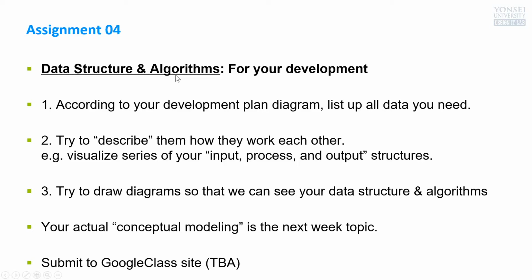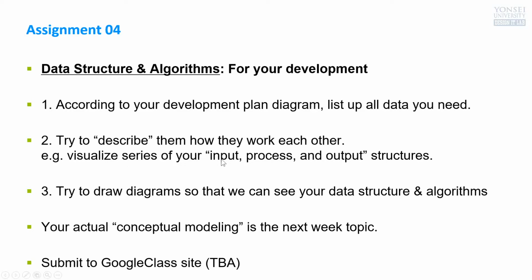Last time I introduced that a computer program simply means data structure and algorithm. So according to your development plan, list up all the data you need. One data set could be one entity, so their relations can be described. Try to describe how they work with each other.